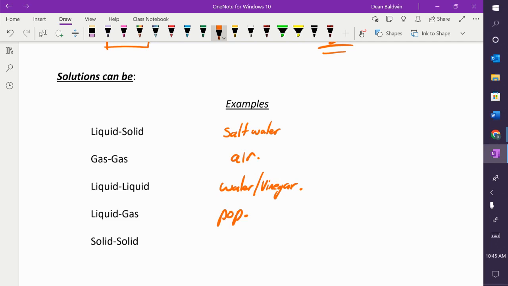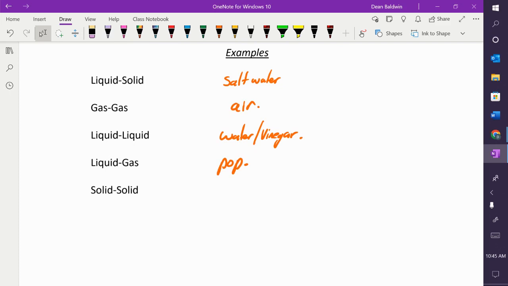Solid, a sandwich. Could be a sandwich. We're going to do a metal alloy though, but a sandwich is a good example. Metal alloy is like, remember when we made the pennies? We coated them in copper and zinc, and we made a copper zinc alloy. You mix metals together.